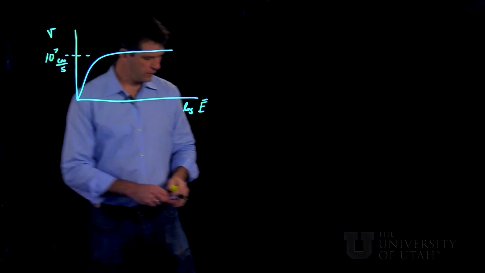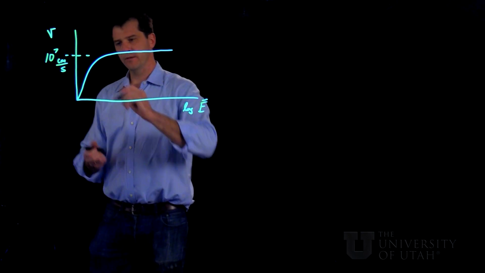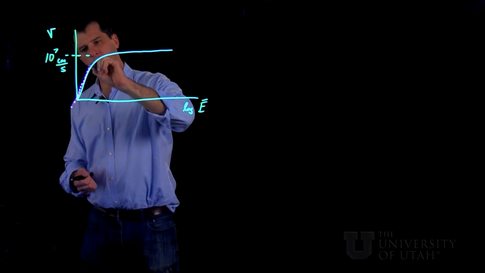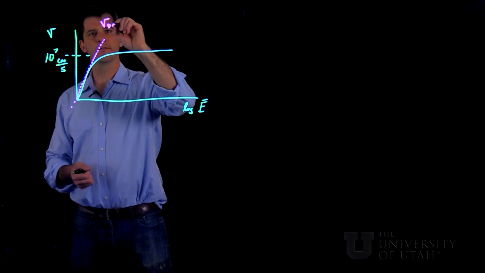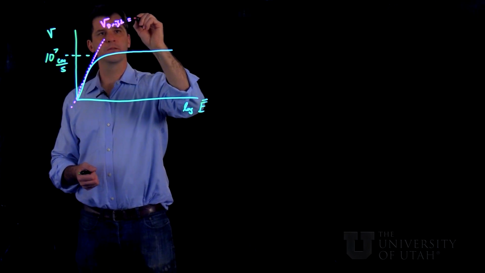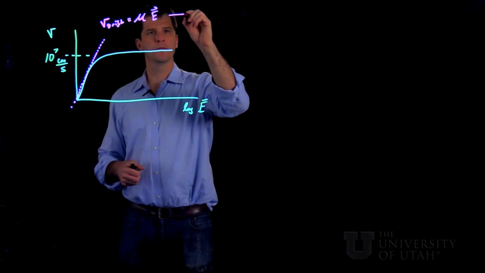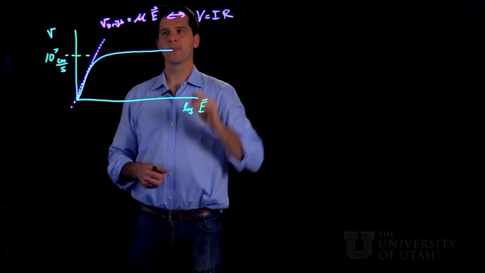So this is important because this is actually a deviation from Ohm's law. On this graph, we saw that the statement that velocity drift is mobility times E field is equivalent to V equals IR.